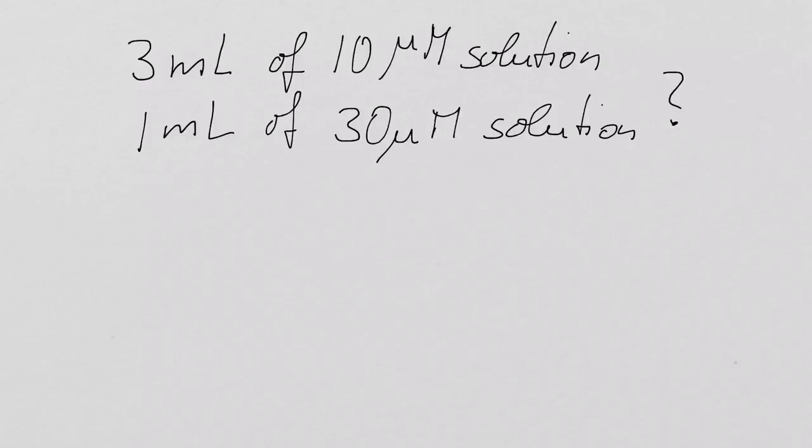Do you want to try that yourself first? Give it a go. See if you can come up with a strategy for that. Have you got a strategy? What are we looking for? We are looking for concentration, right?